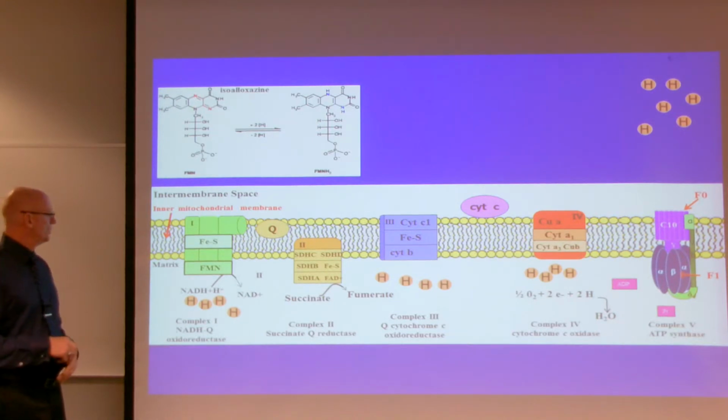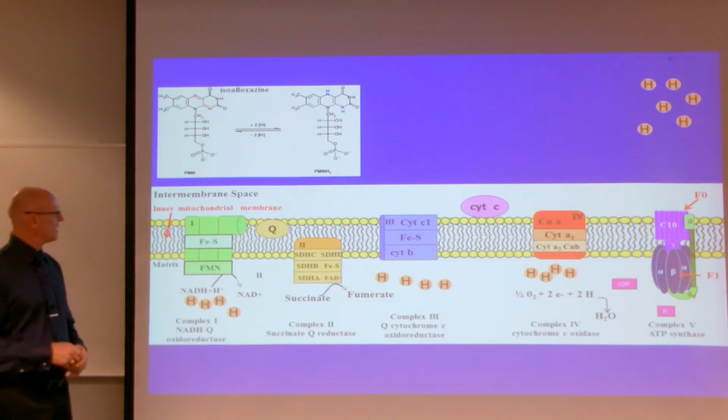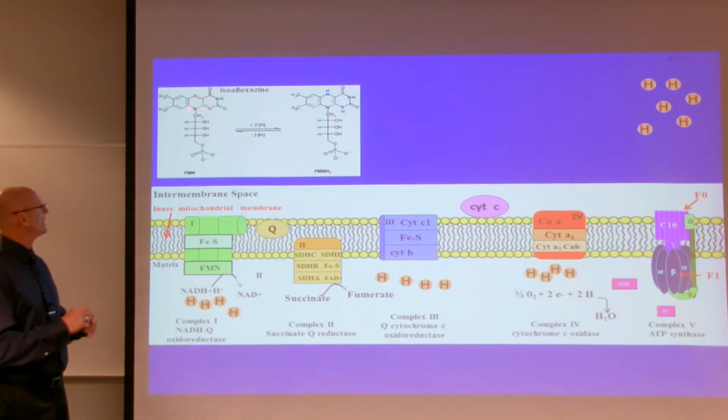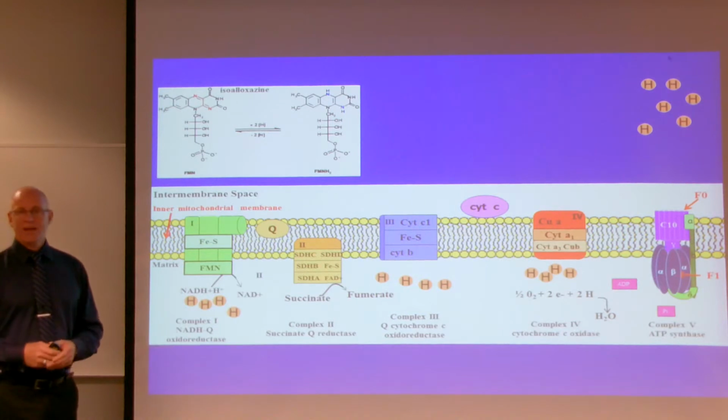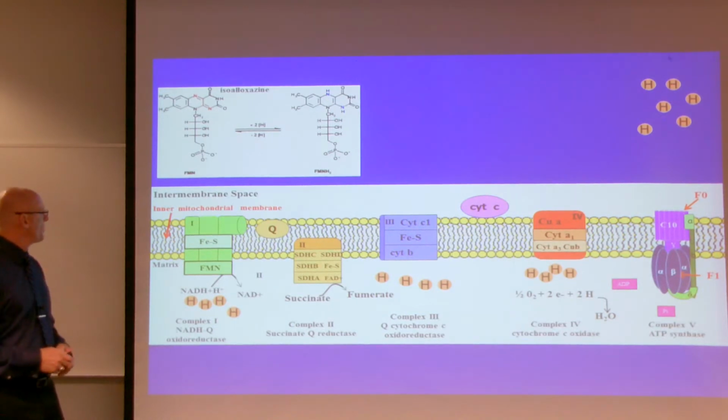So when it takes the 2 electrons from the reduced NADH plus H and passes those electrons to the oxidized form of the flavin mononucleotide, it becomes reduced. It takes these hydrogens and electrons onto this nitrogen that loses its double bond, and this is where it becomes the reduced form, FMNH2.